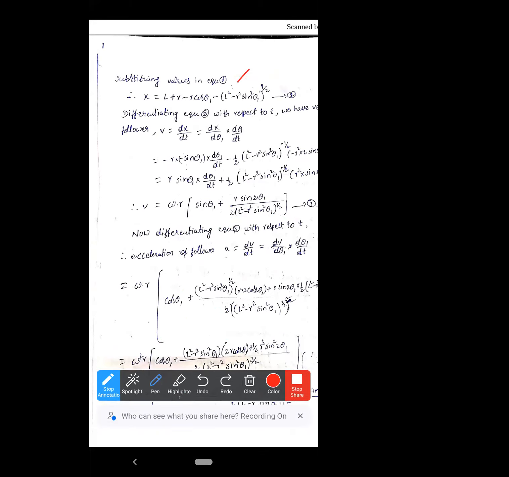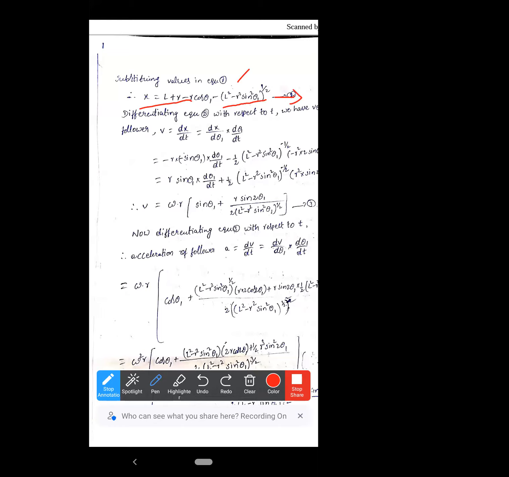Therefore, x equals L plus R minus R cos theta 1 minus L square minus R square sin square theta 1 whole power 1 by 2. So L cos beta is replaced with L square minus R square sin square theta 1 whole power 1 by 2. This is taken as equation number 2.